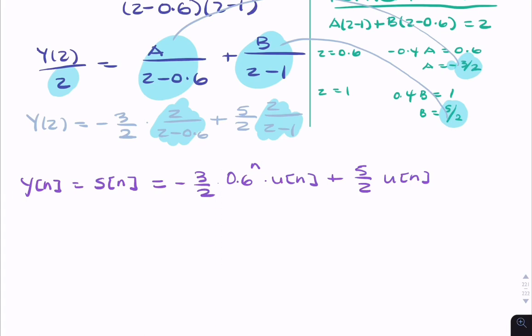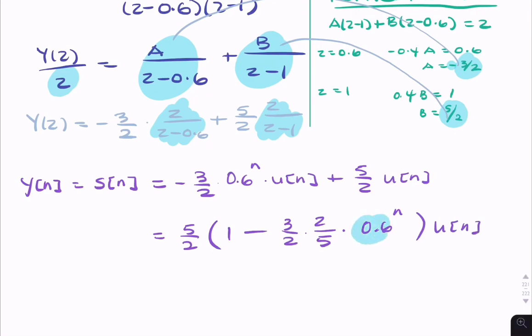We can rewrite that as 5/2 into 1 minus 3/2 times 2/5 times 0.6 to the power n u(n).